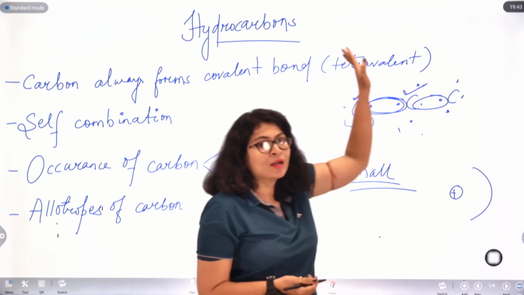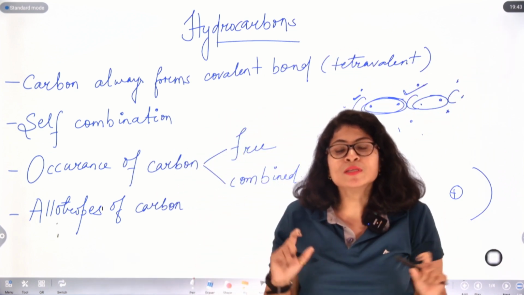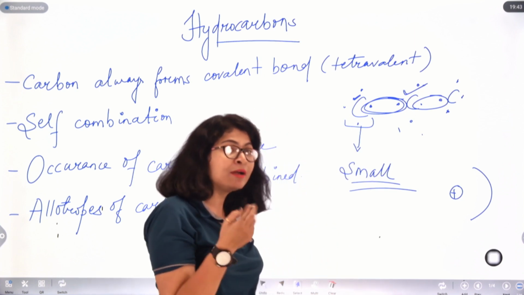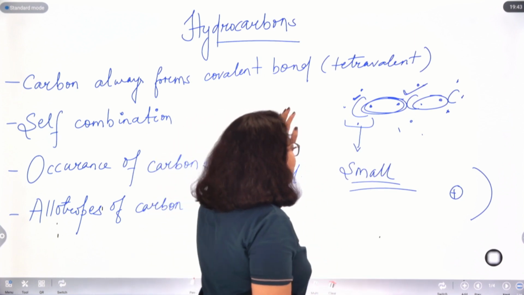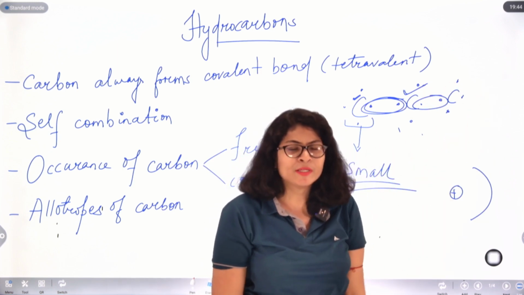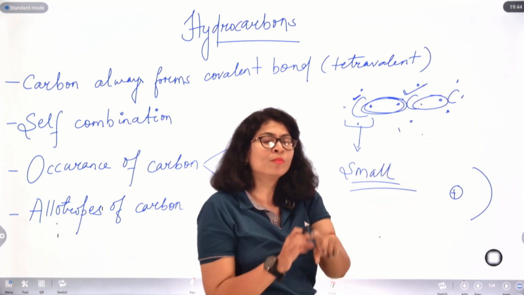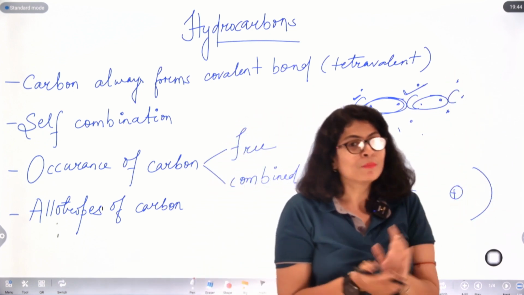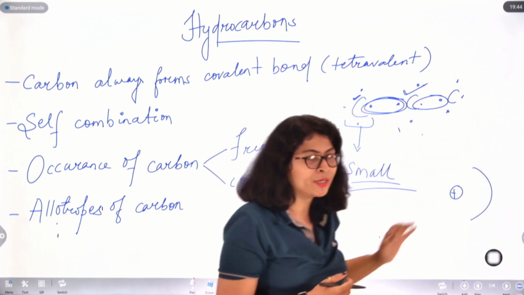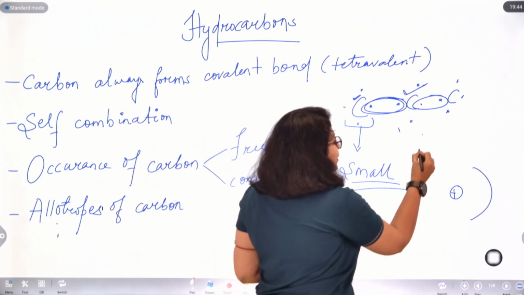Therefore, the chain they form is comparatively stabler and stronger. So, carbon has the tendency to link n number of carbon atoms to itself. It can form long chains of compounds. This self-linking property is known as catenation.